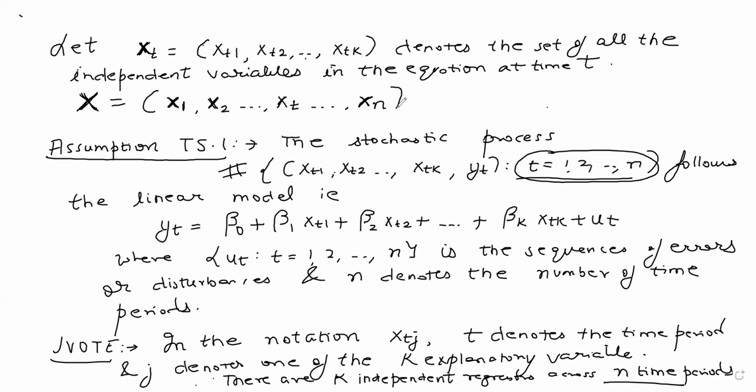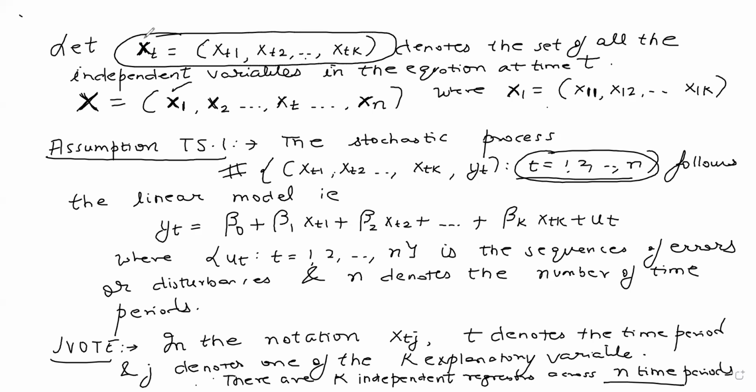Okay, x1 is the vector in time period 1, where x1 itself is x11, x12, dot, x1k. Remember, if I write xt, it is xt1, xt2, dot, xtk.